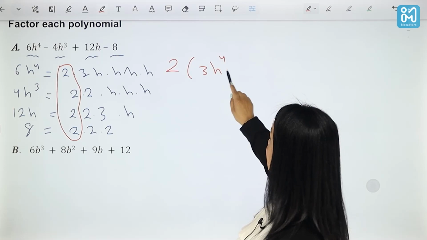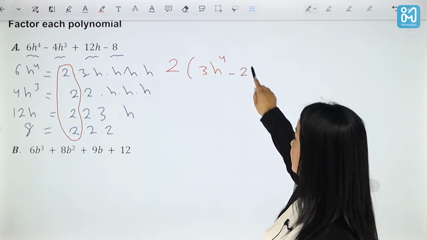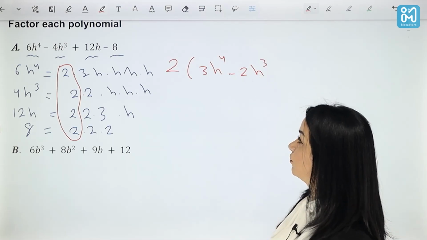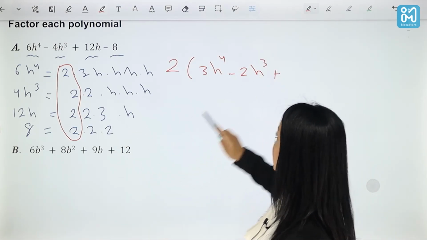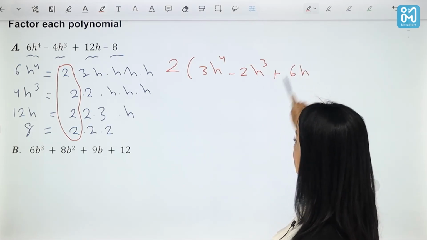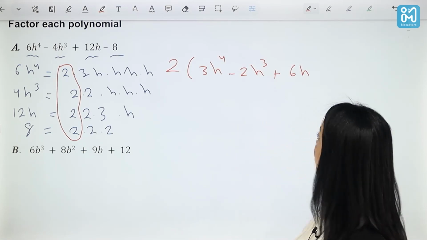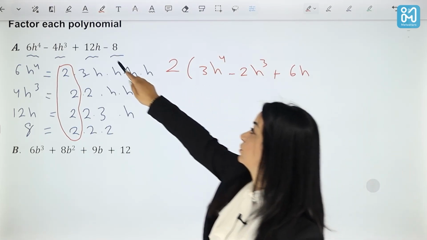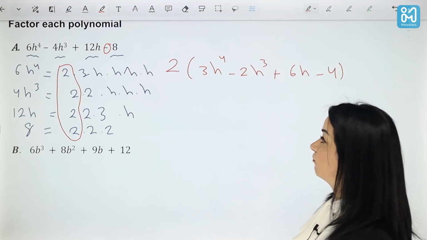I have here then the original sign is minus, then minus 2h cubic, then plus the sign, 2 times 3 is 6h. Then what I have left here, I have 2 times 2, and the original sign is minus, so it's minus 4.